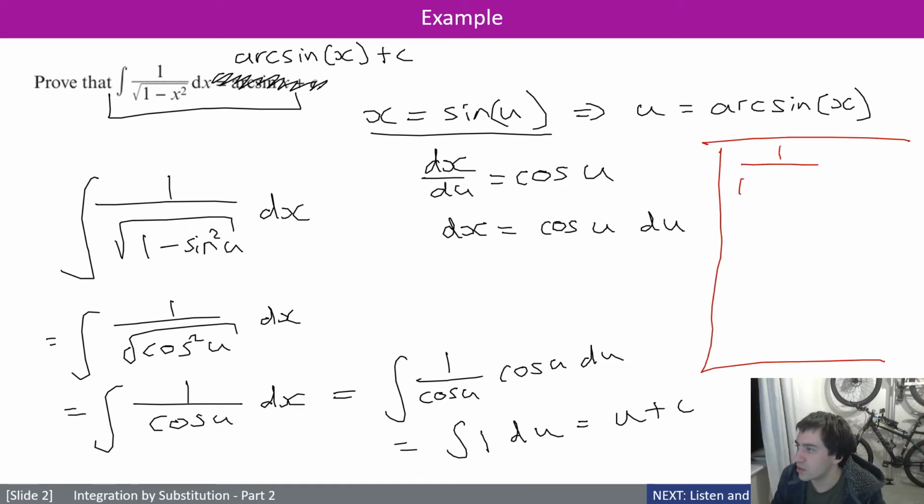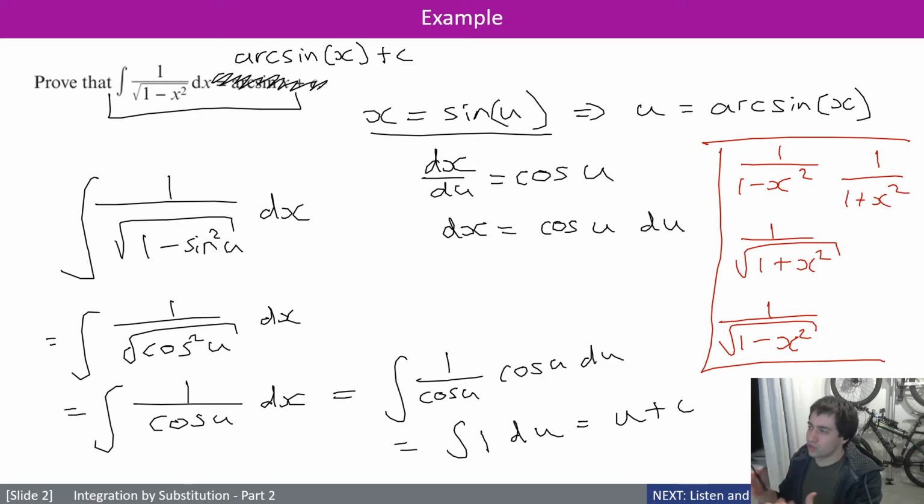When you see these kinds of fractions where you've got a 1 and then you're adding or taking away an x squared, sometimes it's square rooted, sometimes instead of a 1 it'll be a constant, sometimes instead of 1 plus x squared it could be like 9 plus 3 squared. You might have constants in there somewhere. But these kinds of forms, these are the ones for which you could use a trig substitution.